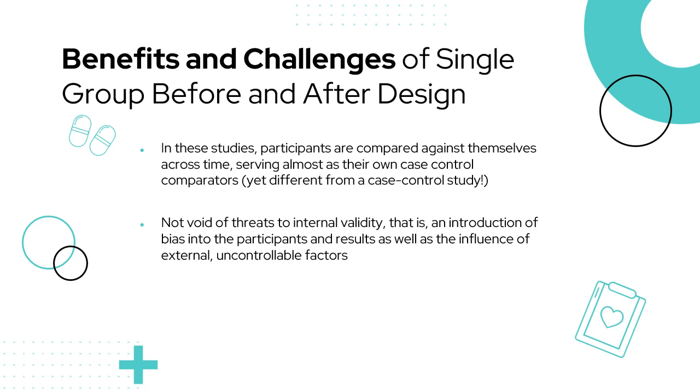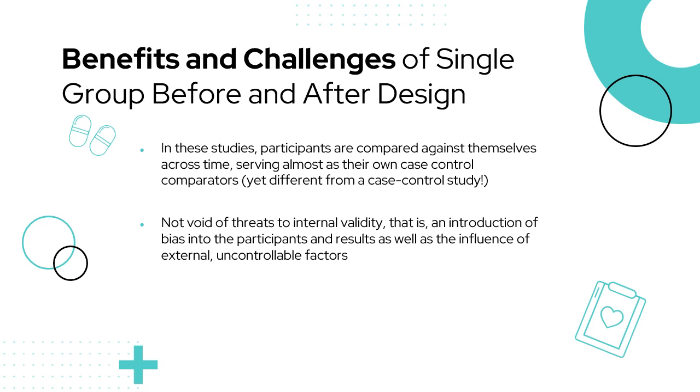Okay, so one of the big benefits of these kinds of studies is that participants are their own control group, so to speak, right? They form the group that in theory is not getting an intervention. In terms of the hand hygiene study, we're seeing what their scores are on both knowledge and compliance before any intervention has been introduced.